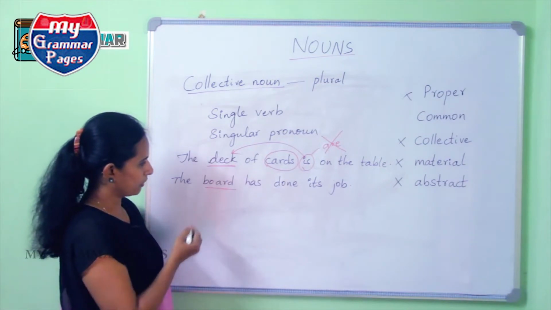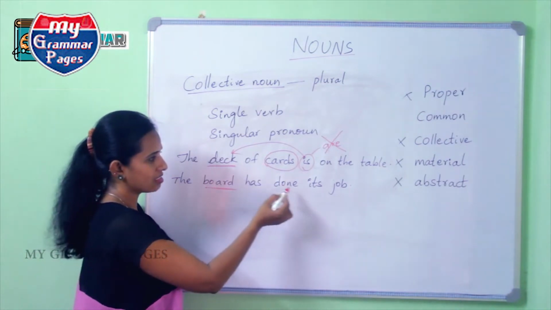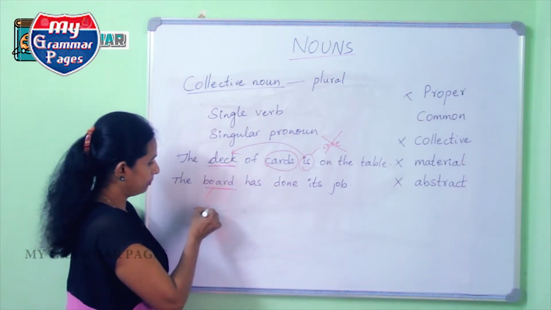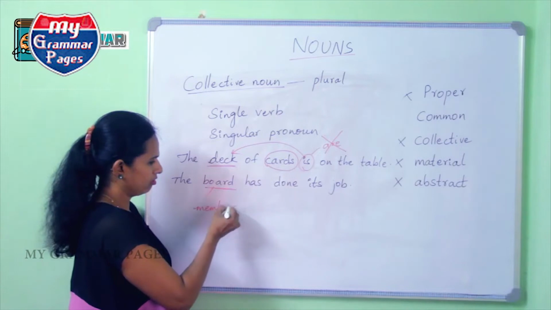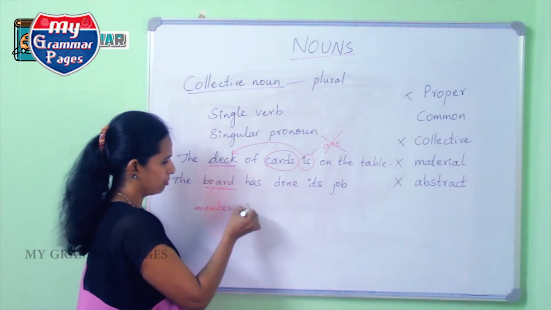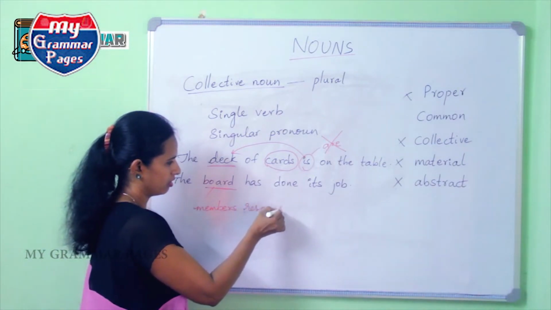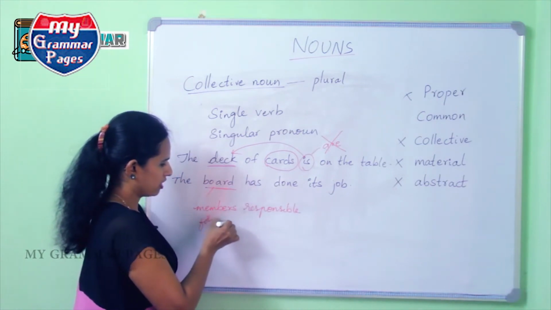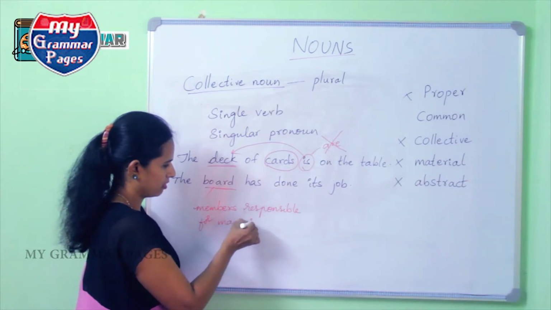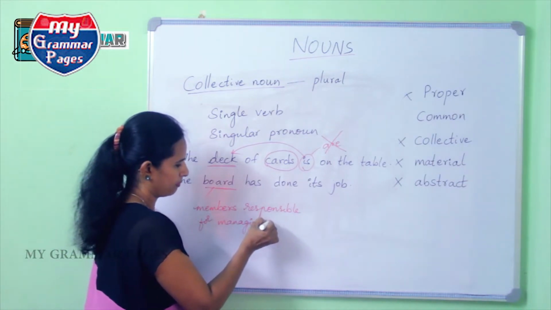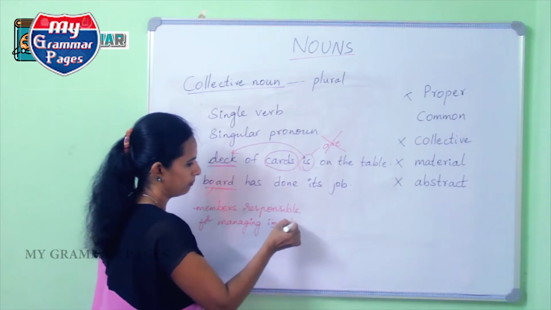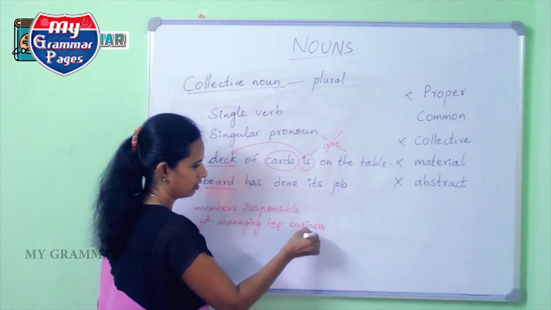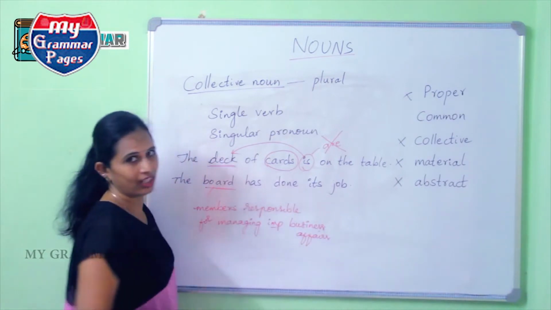And coming to the next one, the board has done its job. Board, we all know that these are the members responsible for managing some important business affairs or some other activities.